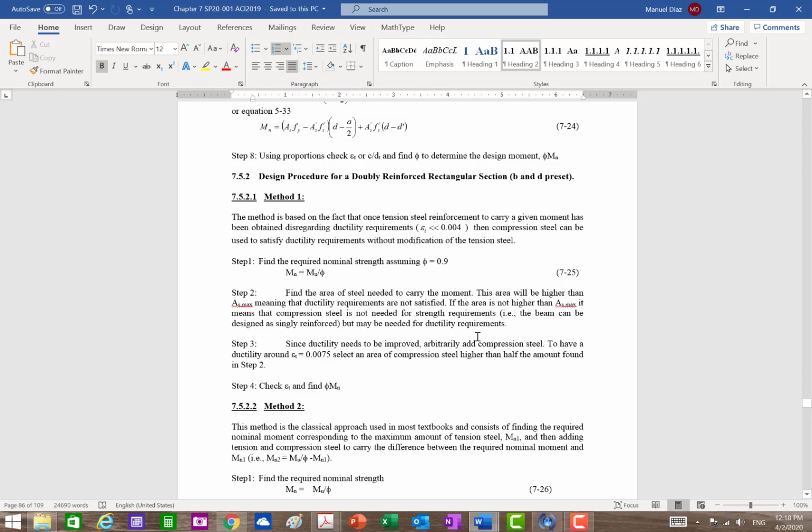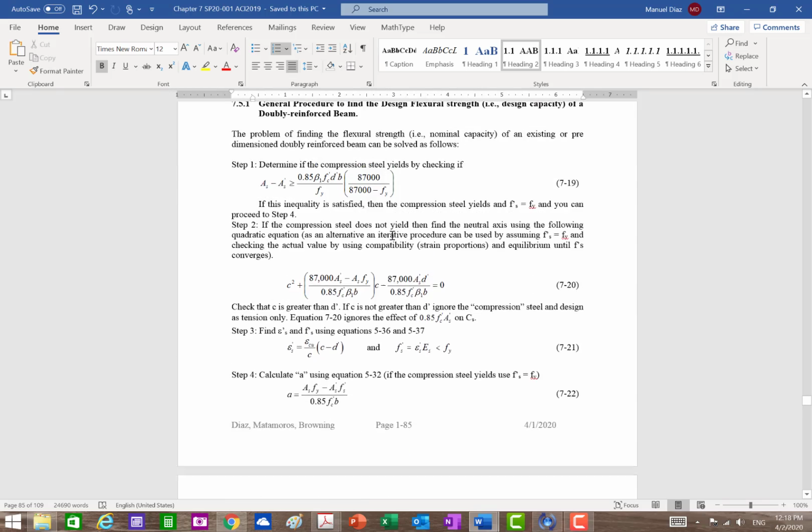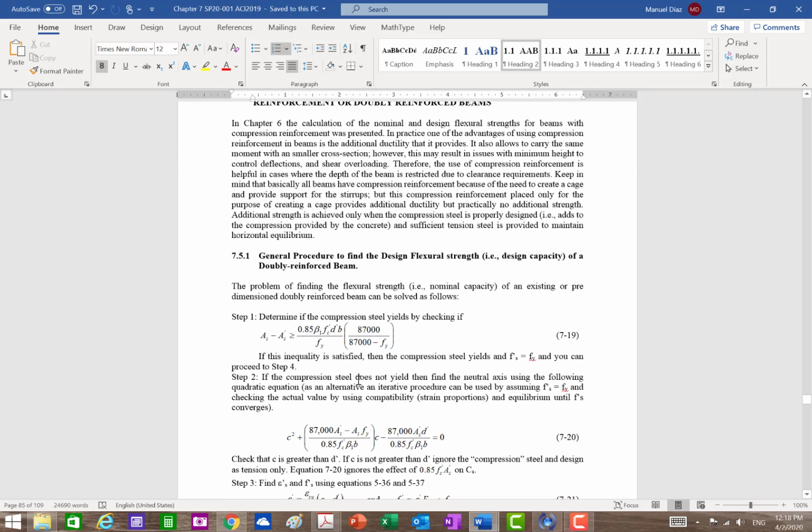Now, to get a good ductility, the amount of compression reinforcement that you want to add should be half the amount of the tension steel that you found in step 2. Okay? And then you go again, and now you check your epsilon t and phi Mn. But how are you going to check this? You're going to go back here, right, to these equations, and you're going to check it. Okay?